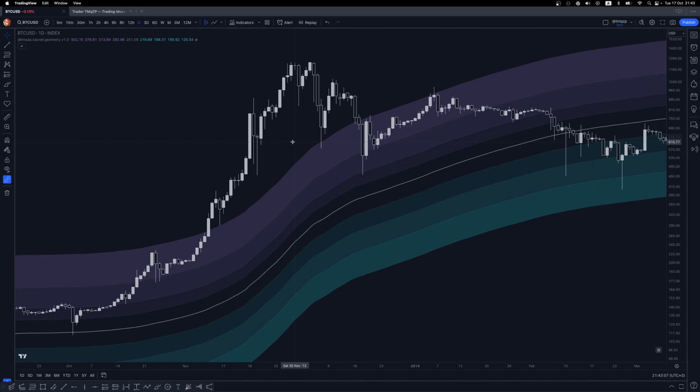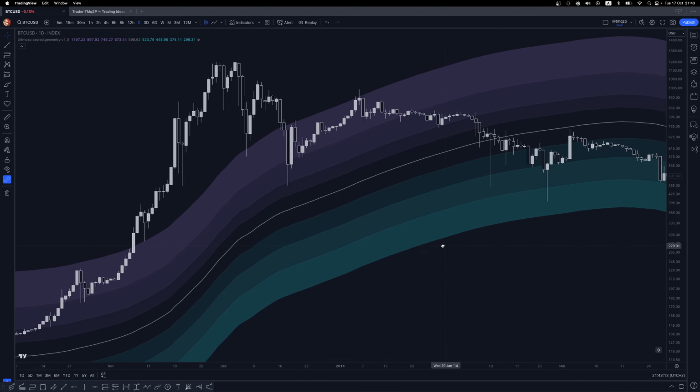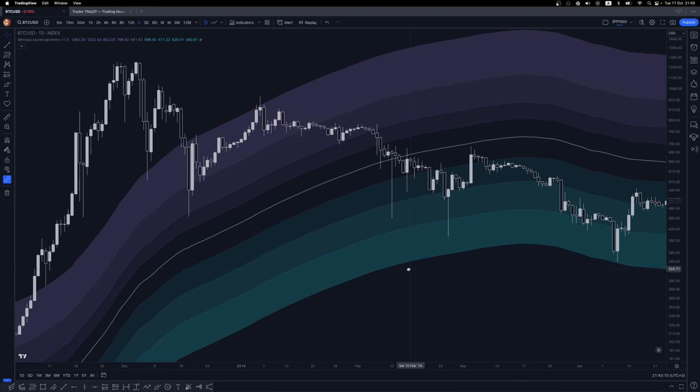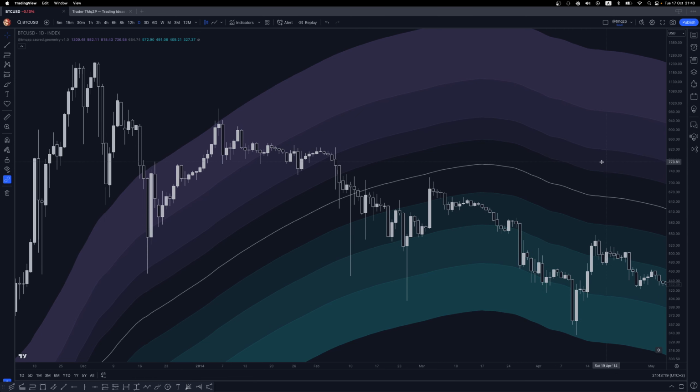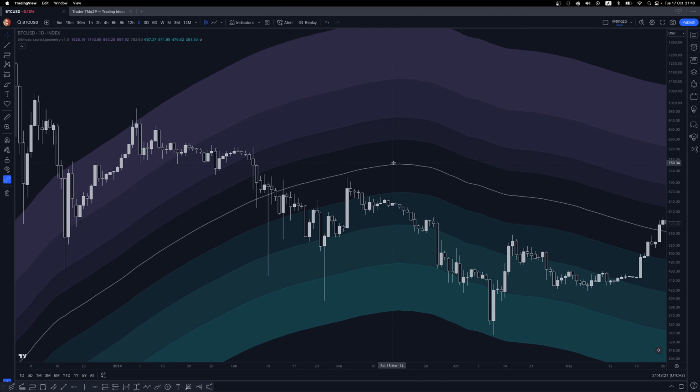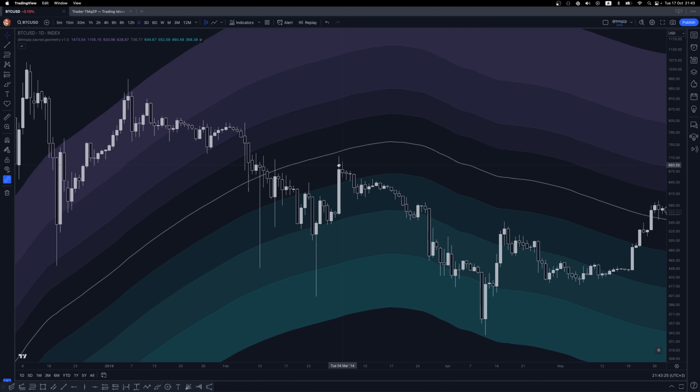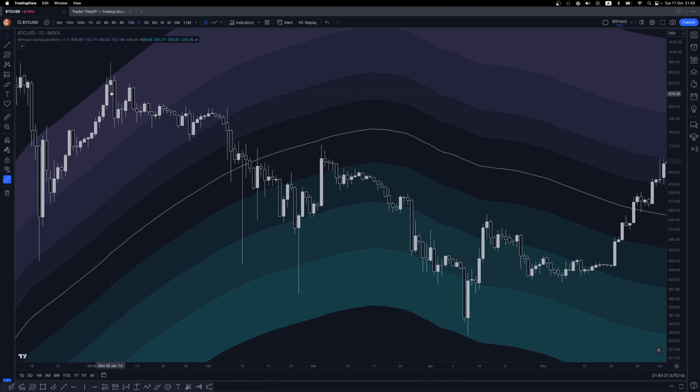So this is 2013. This is basically the first 4 years of Bitcoin, and here you can start to see how the Bitcoin chart actually starts respecting these sacred geometry wave number things quite consistently.